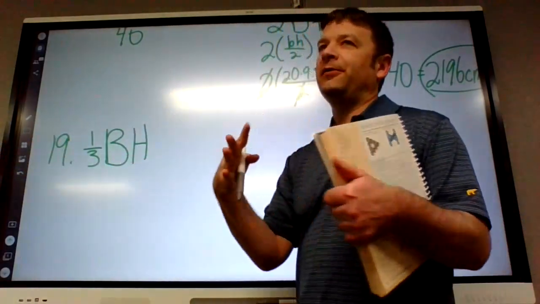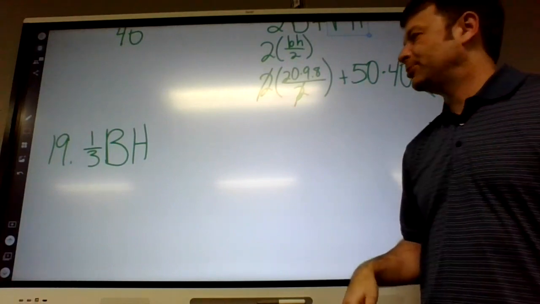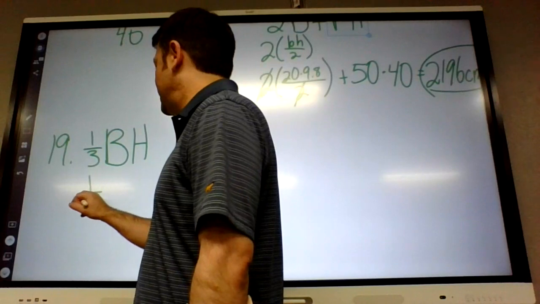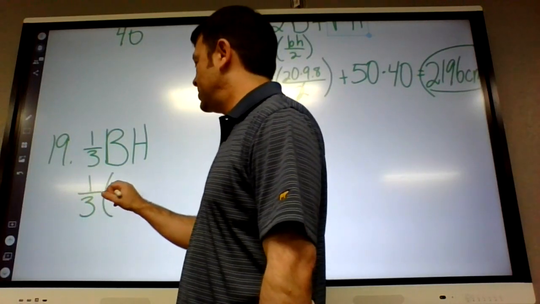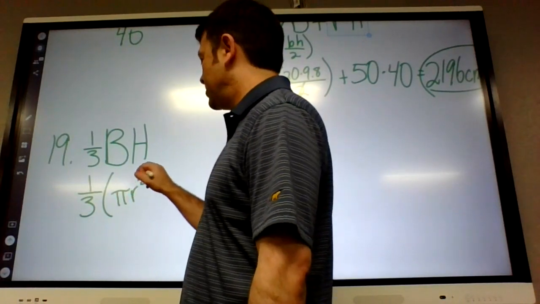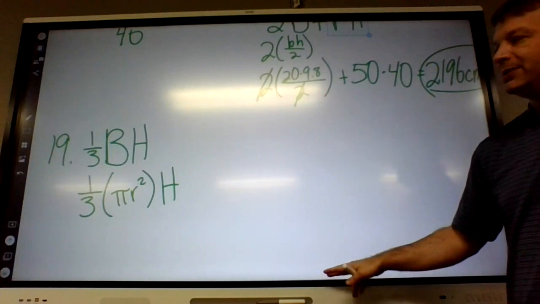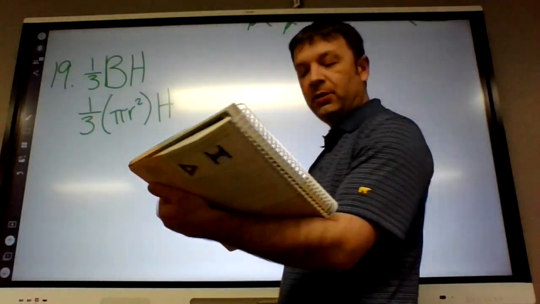Cones and pyramids have less volume because they sink in to a point. Because number 19 is a cone, the base area would actually be pi r squared. So that would be a better formula for number 19: 1/3 pi r squared h. The r is 5.